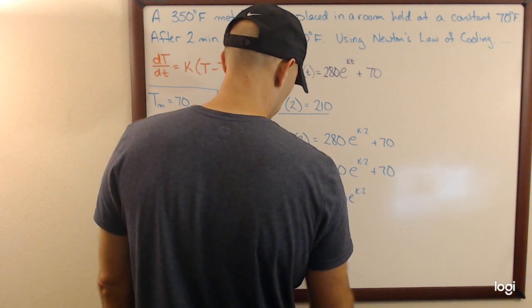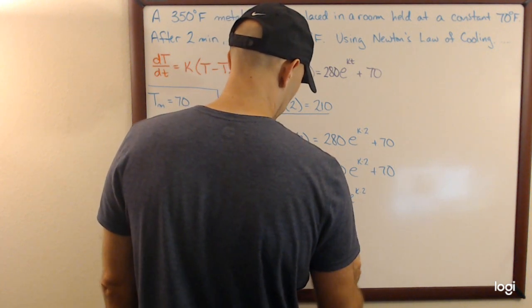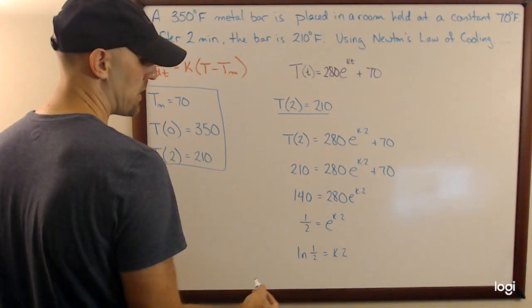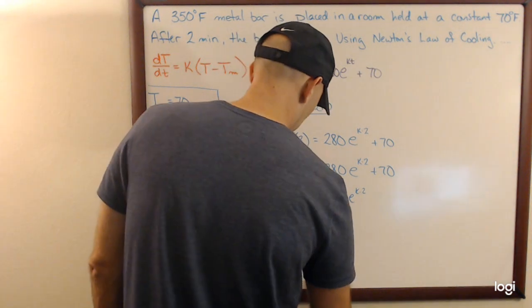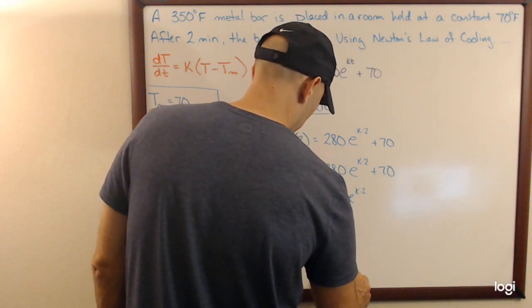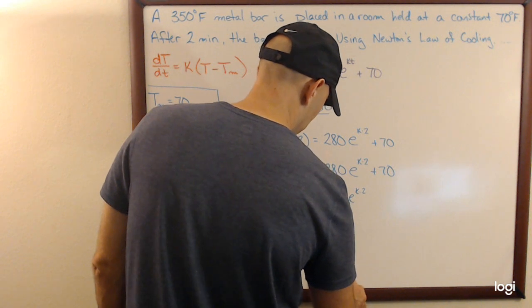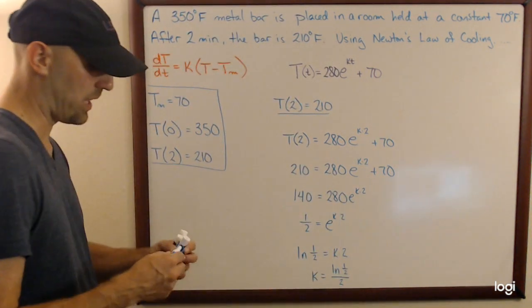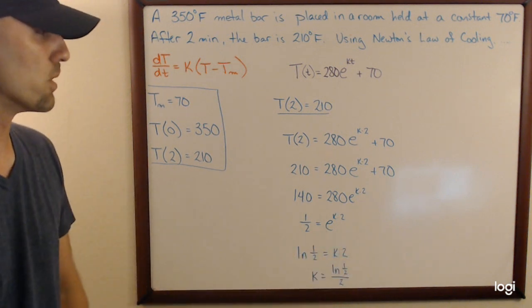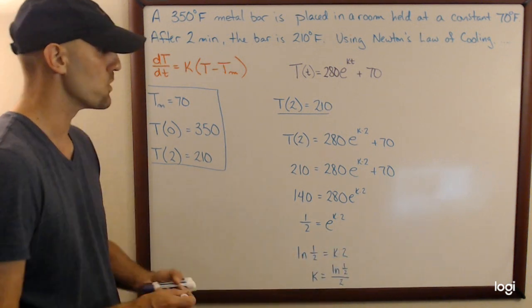I get the natural log of 1/2 is equal to k times 2. And I can just divide both sides by 2, giving me k is equal to the natural log of 1/2 over 2. And anything equivalent to this is fine as well. You can write negative natural log of 2 over 2. It's the same expression.